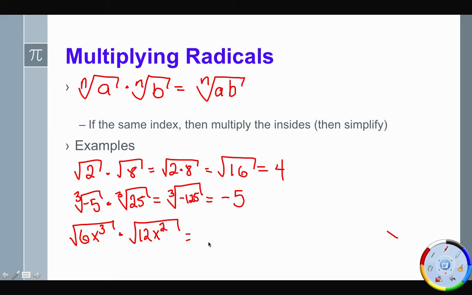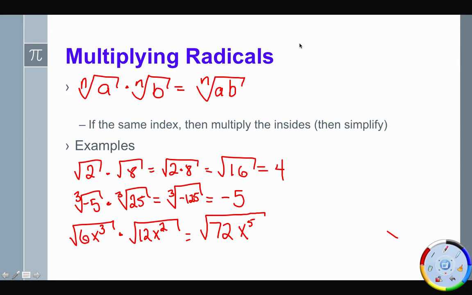We can rewrite this as, okay, well, we have the product because we have the same index on your root. We can multiply these together, and we get the square root of 6 times 12 is 72, x to the third times x to the second is x to the fifth. And then you have to think about how to simplify this radical.